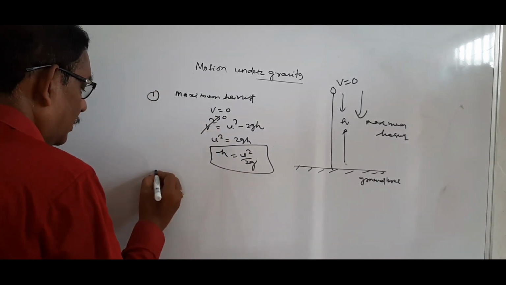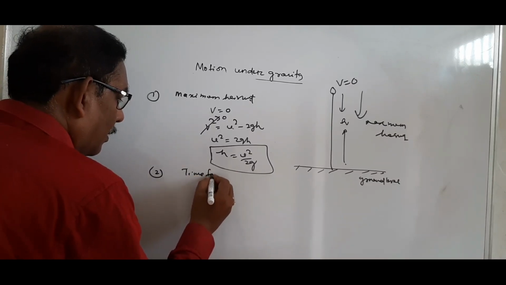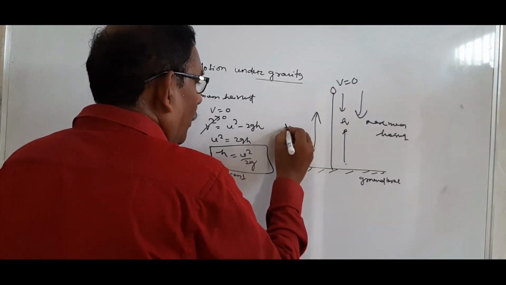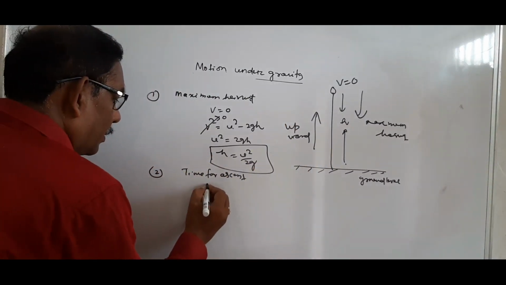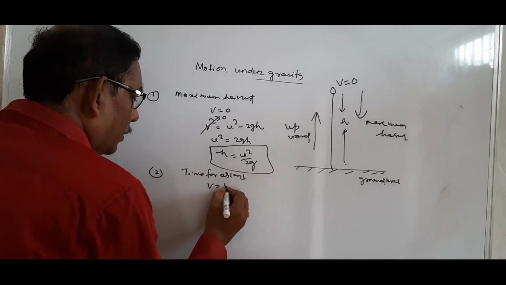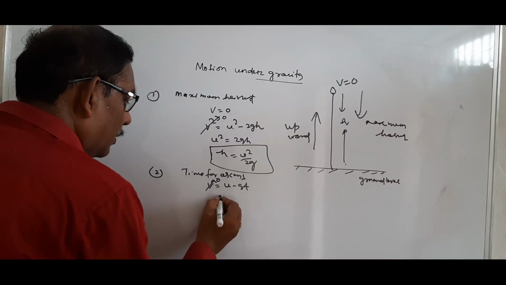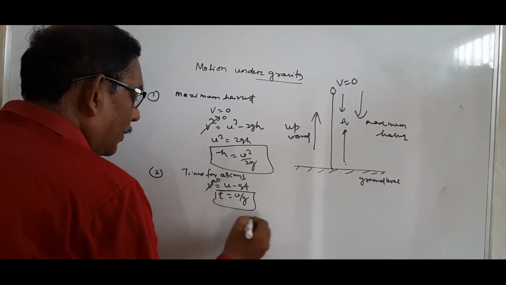Similarly, time for ascent, that is in the upward direction: v is equal to u minus gt. Here v is equal to 0, then t is equal to u by g. This is the time for ascent.